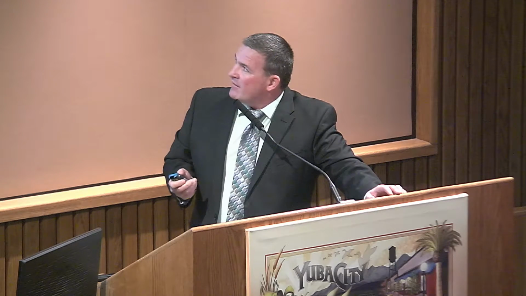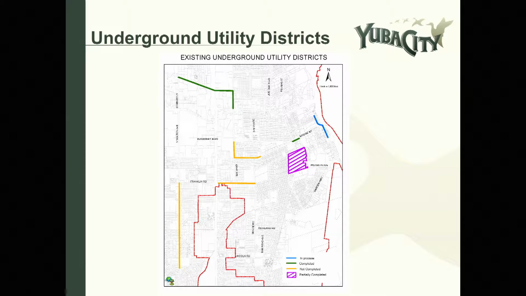And so over time, we build up a balance of these Rule 20A funds that could be used for converting overhead utilities to underground.